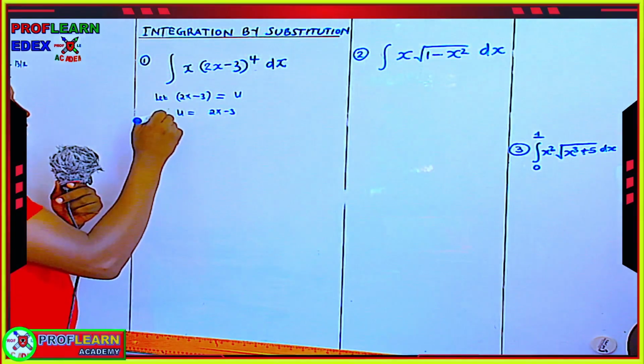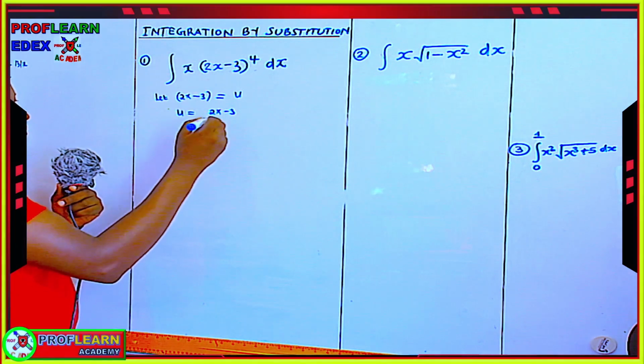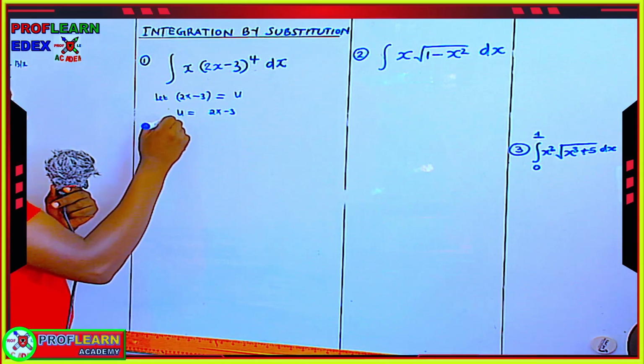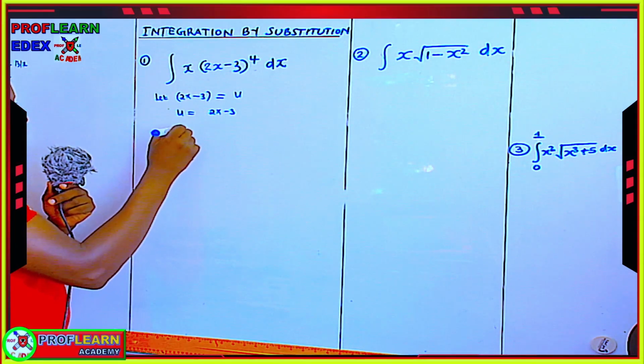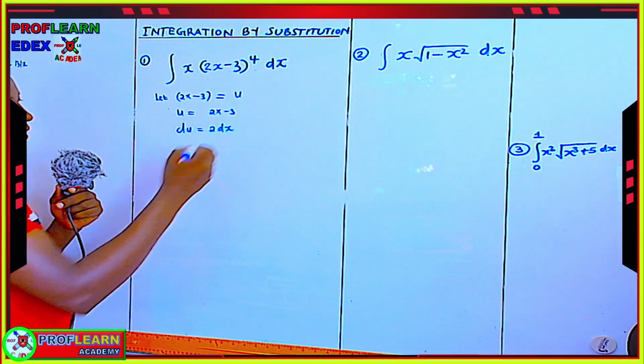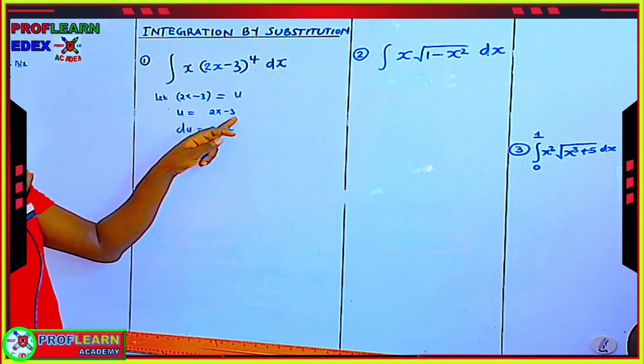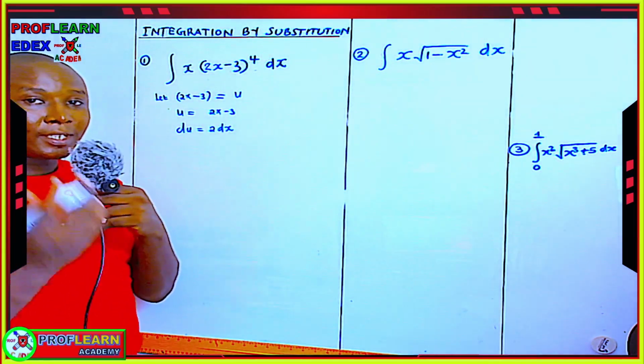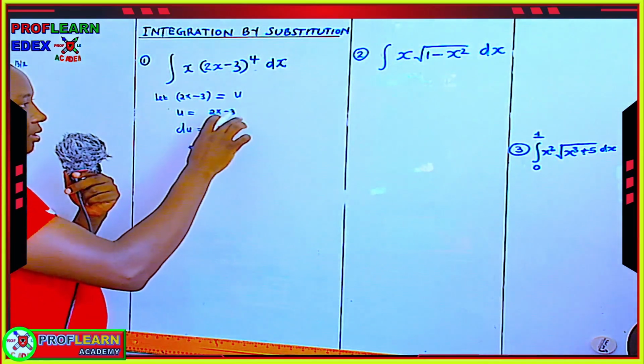Differentiating this, we are going to get du is equal to 2 dx, because if you differentiate 3, which is a constant, it becomes 0.